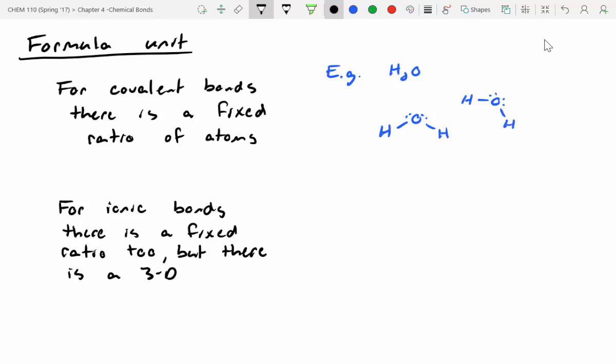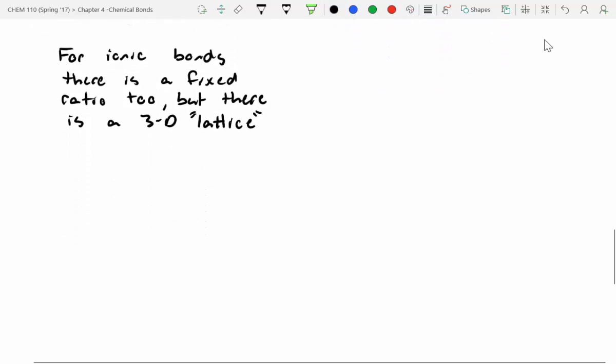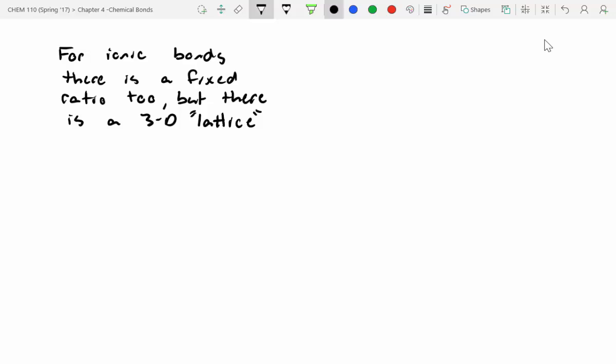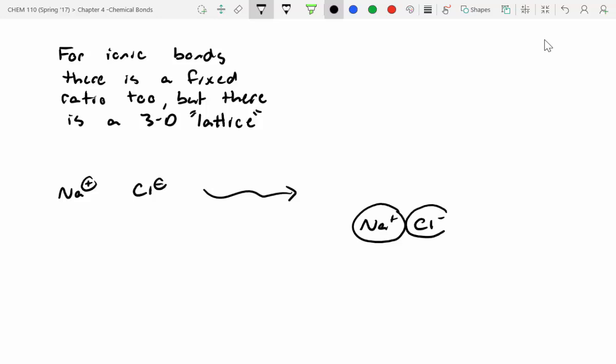There's a fixed ratio, but there is a 3D lattice. And I'll show you guys what I mean by this lattice structure. So let's imagine we've got sodium positive and we've got chlorine negative, right? We can basically turn this into a wall where we've got sodium here, we've got chlorine here. They're attracted to one another because they've got opposite charges, right?